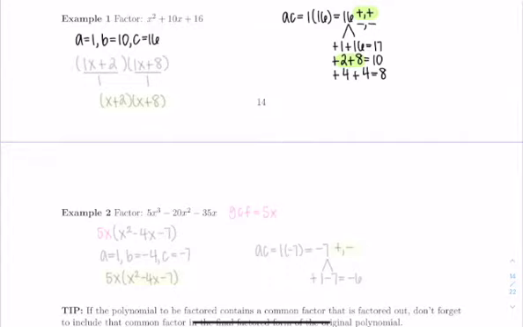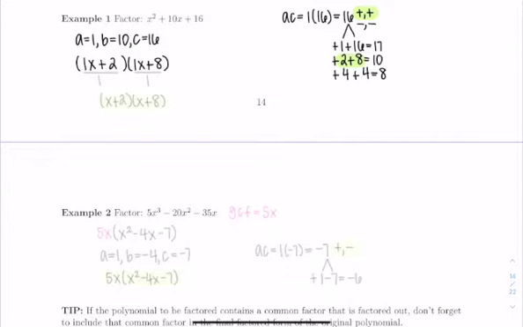Now that we've found the two factors that we need, we're going to bring the leading coefficient, which is 1, or A, and we're going to split the x's into our sets of parentheses, and the missing pieces are what we just found, the plus 2 and the plus 8.